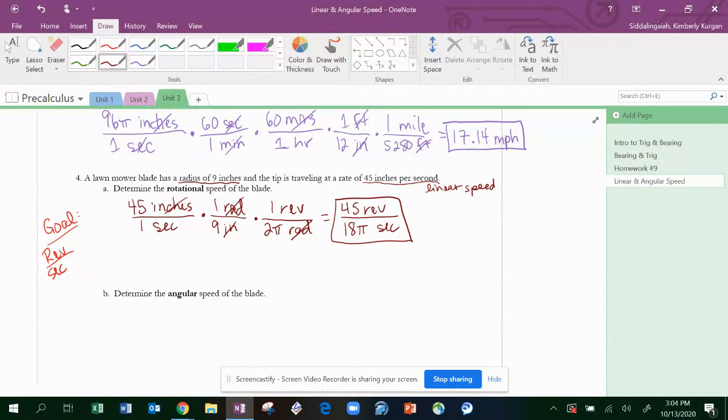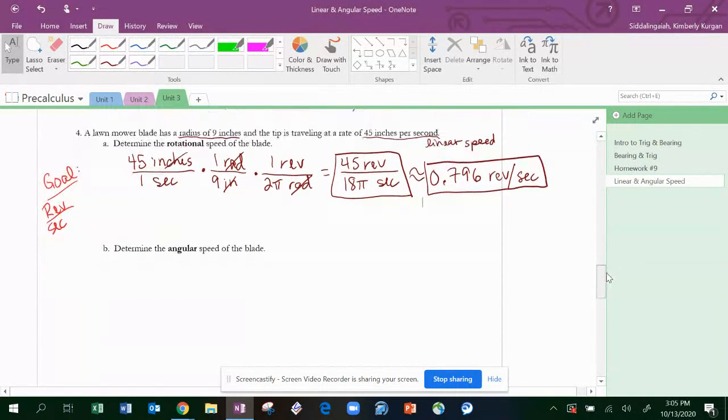All right, I think I figured it out because I'm using kind of an older calculator. So this should be 0.796 revolutions per second. So not a complete revolution in 1 second, but maybe 80% or so.